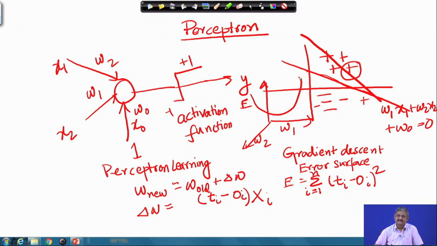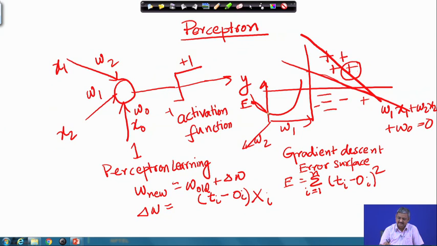And what the gradient descent does is that it starts with a random value of W1, W2, W0, or even more W's if there are. Then it does what is called a steepest descent. That means it changes the values of W1, W2, W0, which leads to maximum decrease in the error defined like this.